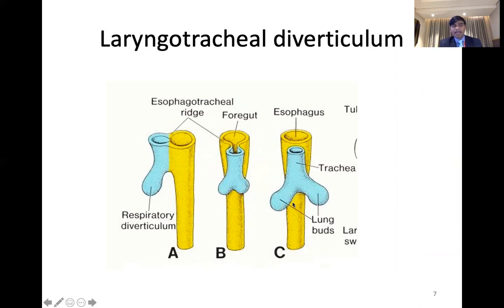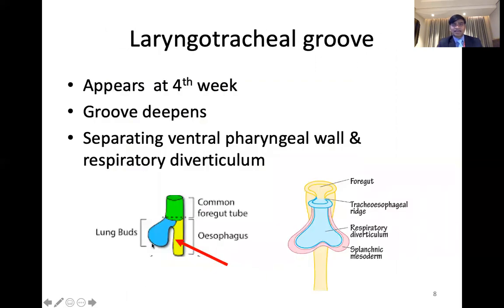As this laryngotracheal groove deepens externally, it leads to the formation of the tracheoesophageal folds. Over here, you can appreciate in this diagram also, the groove, which appears at the 4th week, will deepen and there will be formation of the tracheoesophageal folds medially.